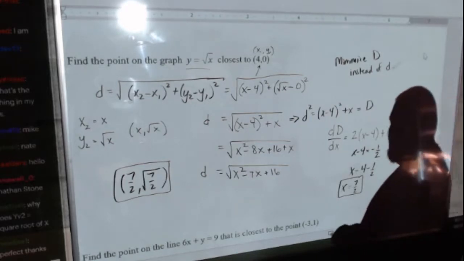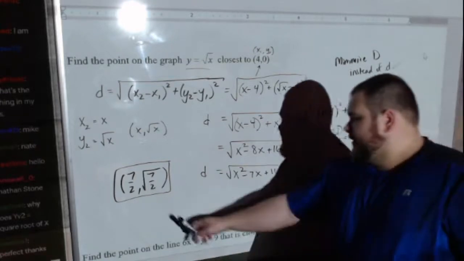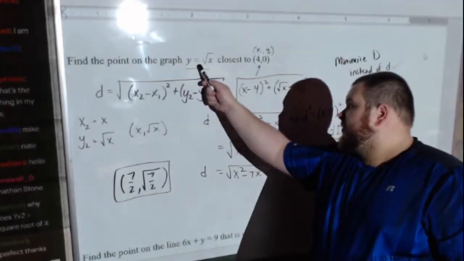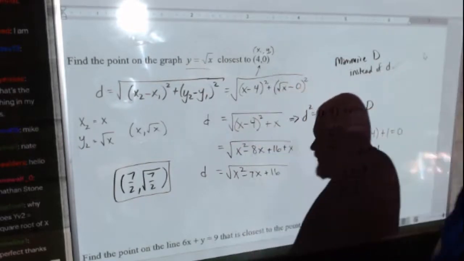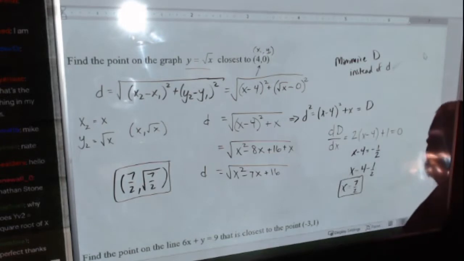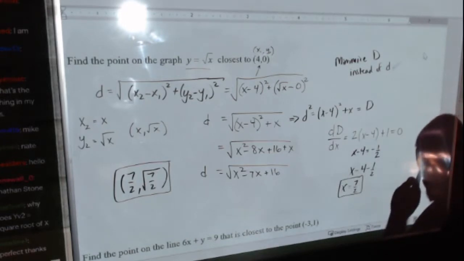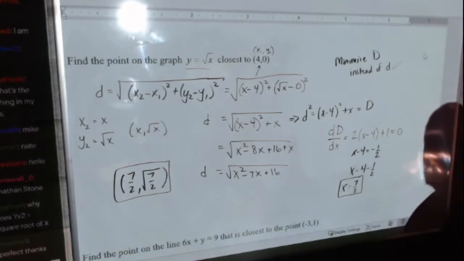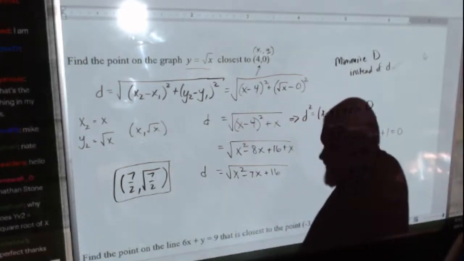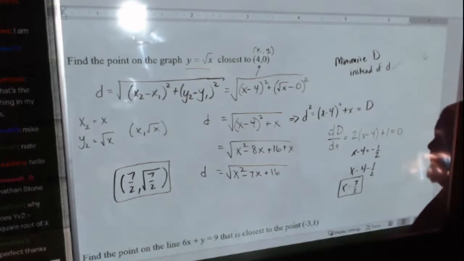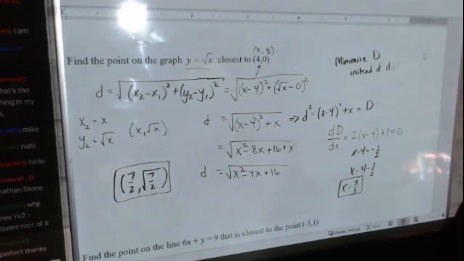So according to this calculation, this point, which lies on this curve, is closest to this point. So again, if you like, you could plot this curve and that point on a graph and see if they look like they're the closest. You could do it on graph paper and measure the distances if you are unsure.